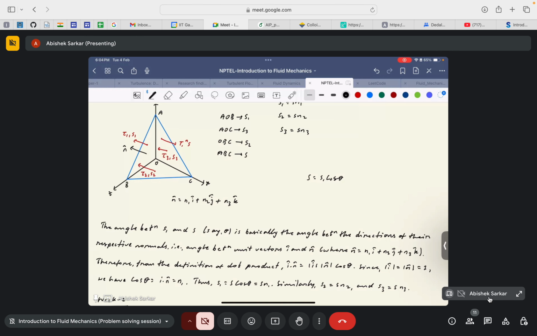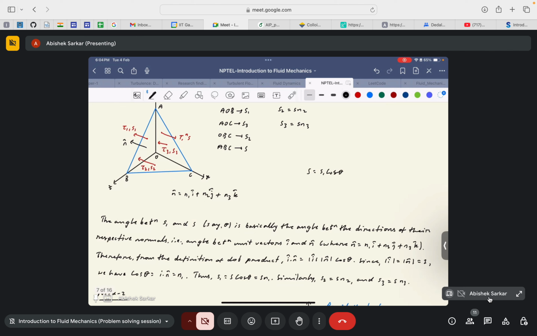For example, if the angle between the surface S and S1 is theta, then the projection of S on S1 will be S cos theta. You can find out how to do it; it's just finding the components of the vector. With that idea, I hope you can deduce it yourself as well.